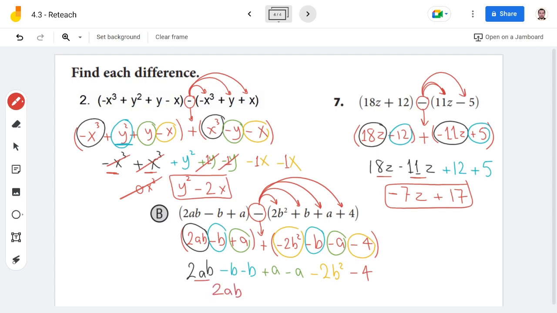Negative 1b, negative 1b, negative 2b. Plus 1, negative a, they cancel because it's 0, negative 1a minus 1a is 0. Then negative 2b squared minus 4, this is my final answer.